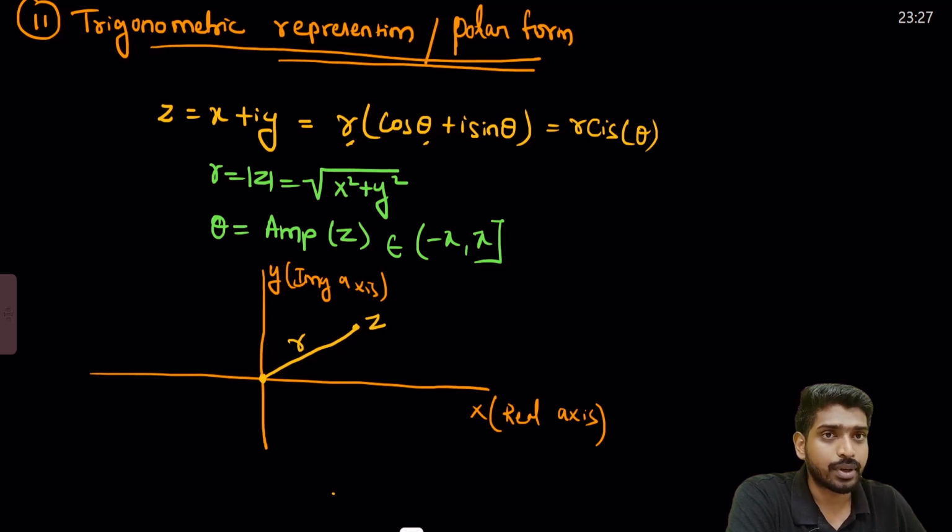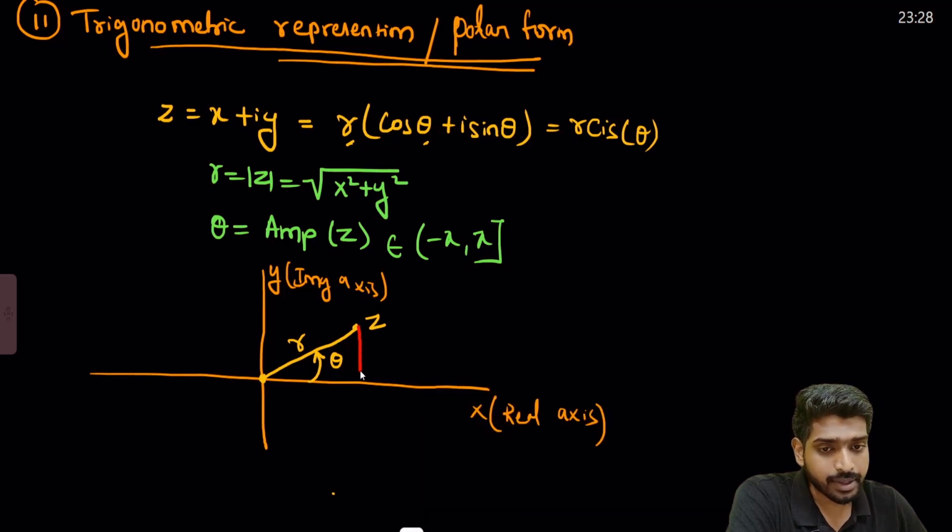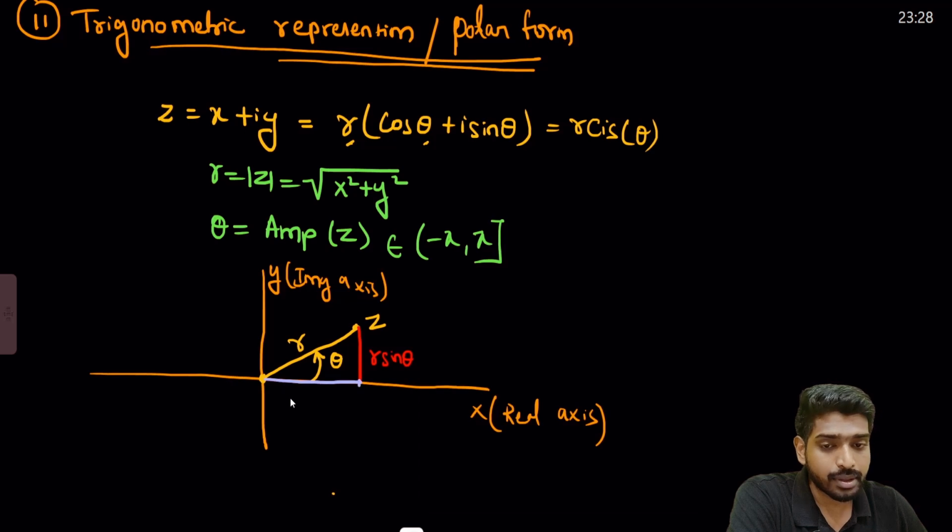This is my r. Got it? And what is this theta? Theta is the amplitude. Amplitude is measured from the positive direction of the x axis in the anti-clockwise direction. This distance is my y coordinate or imaginary part, which will be equal to r sine theta, and this distance will be equal to r cos theta. Got it? If I assume the complex number as x, y, my x is r cos theta and y is r sin theta.